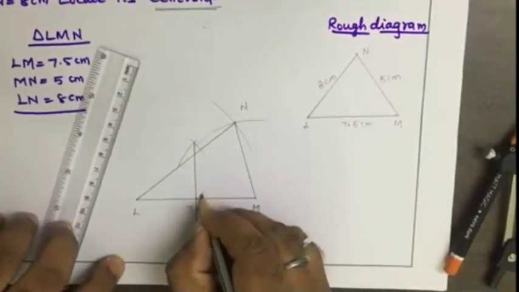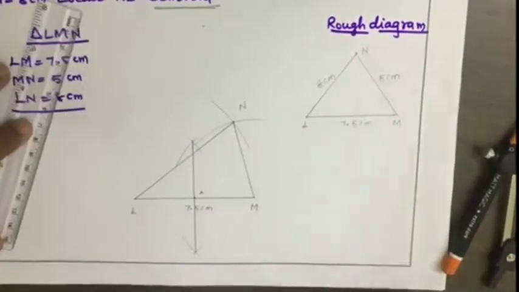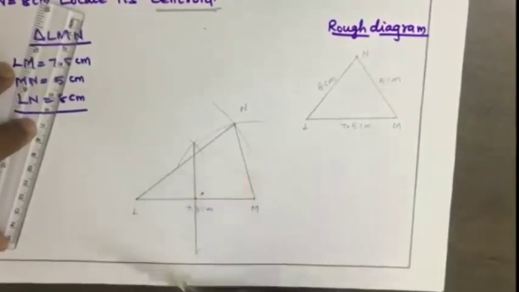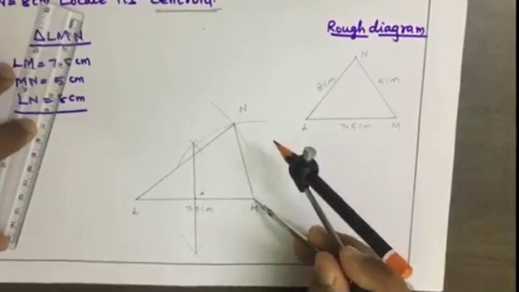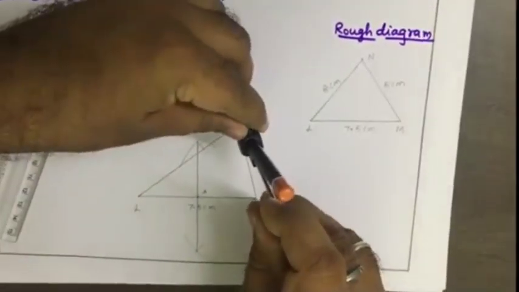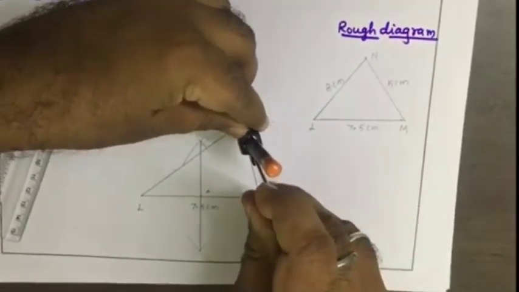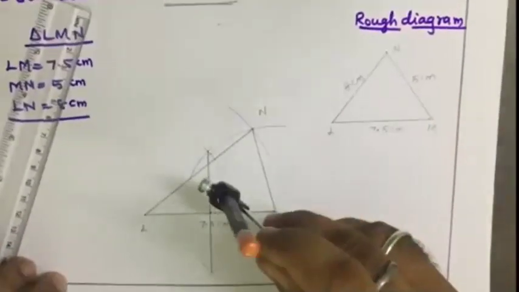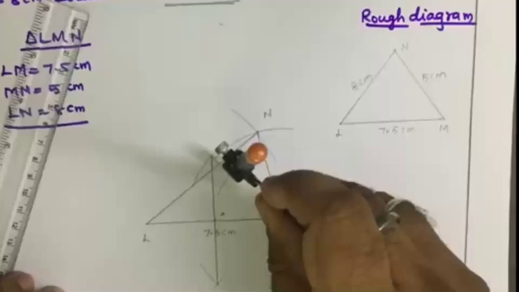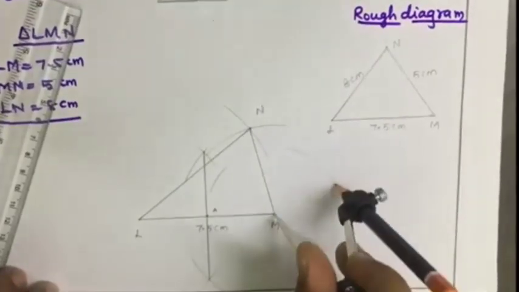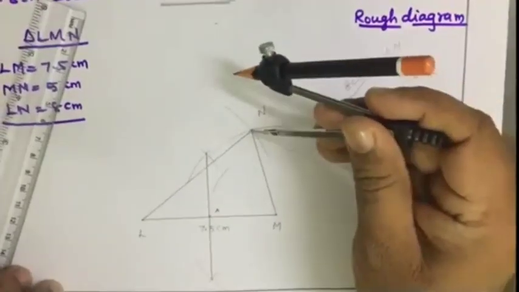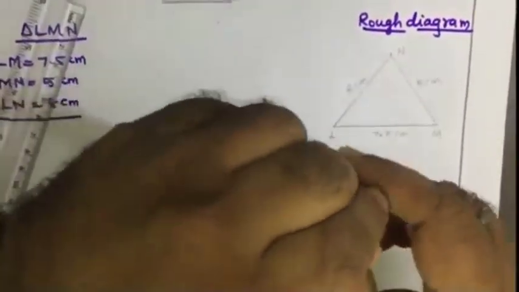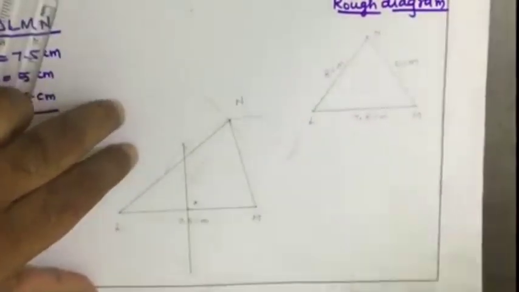The second one, any one, say MN. Now draw the MN perpendicular bisector. Take more than half of MN. We draw arcs above and below with center point M. Second, with center point N, intersect the two arcs.